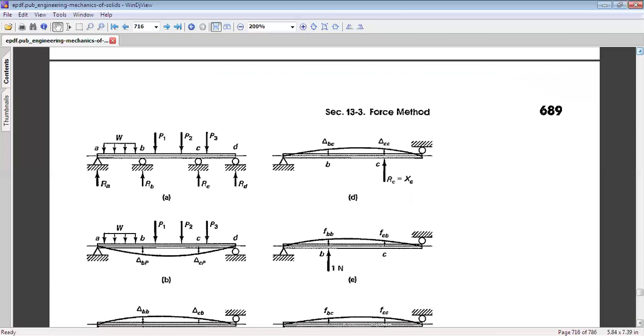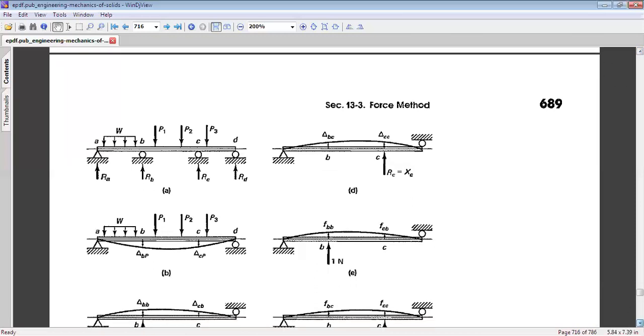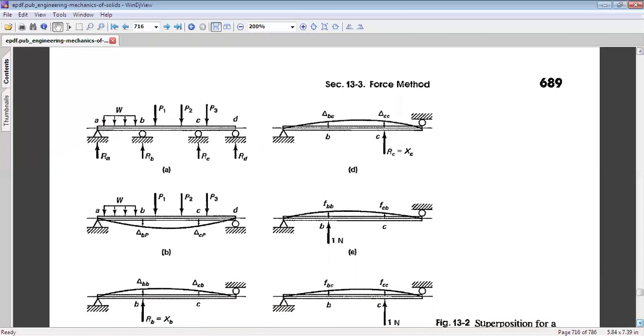So we have removed reactions RA and RC, and this becomes a statically determinate system.